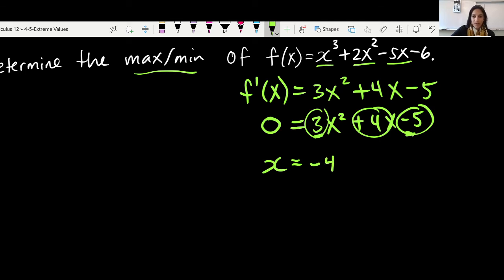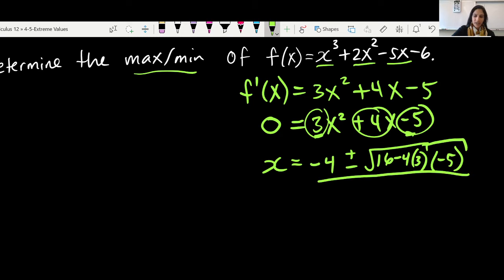So remember, it'd be negative b plus or minus the root of b squared minus 4ac, so we get 16 minus 4. Our a value is 3, our c value is minus 5. I've run out of room there, but you know how this works.